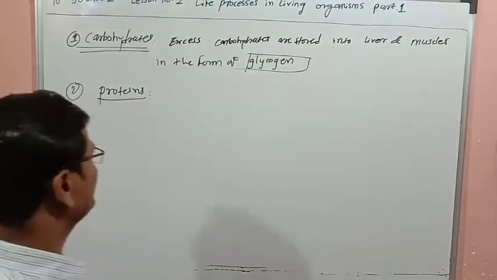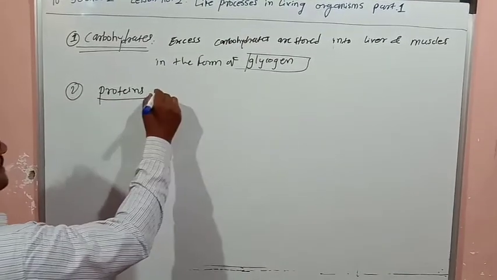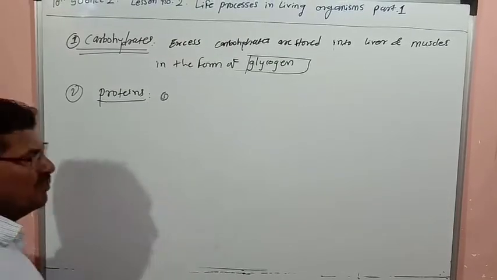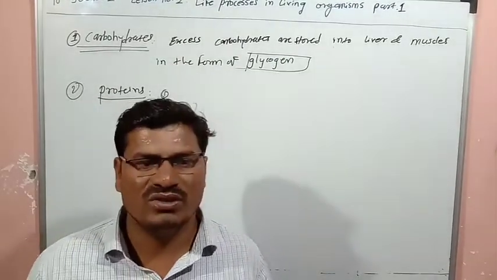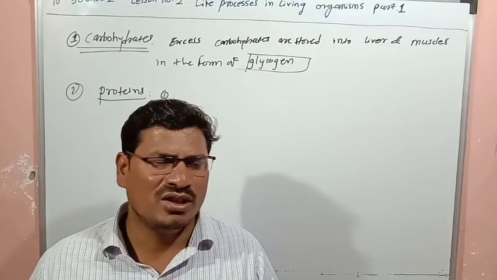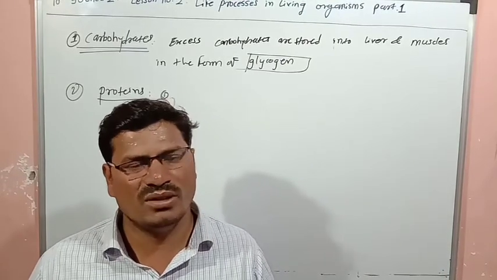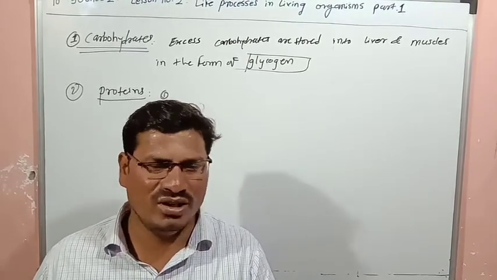So, points we will take in case of proteins. What can you say? Proteins are macromolecules which are made up from different amino acids, when different amino acids are bonded together.